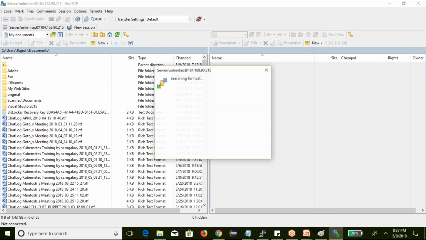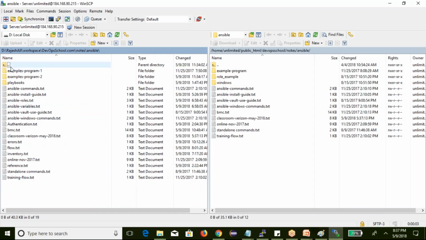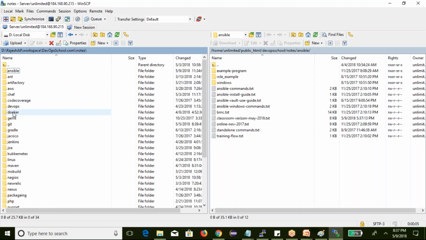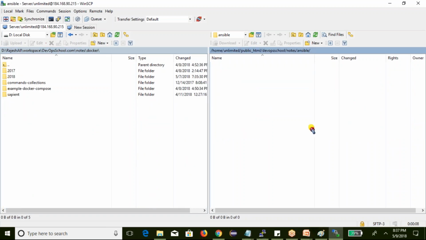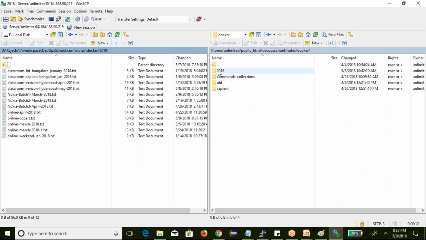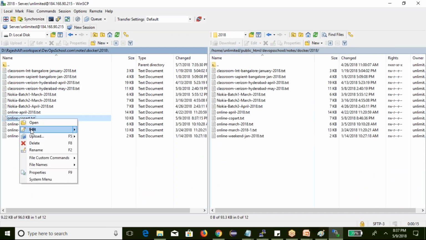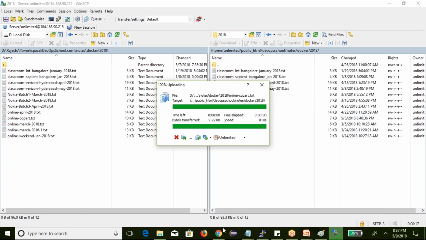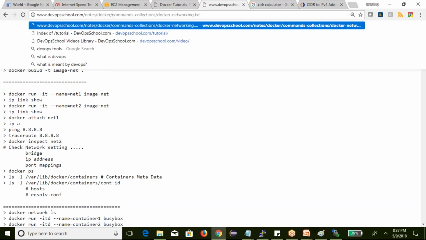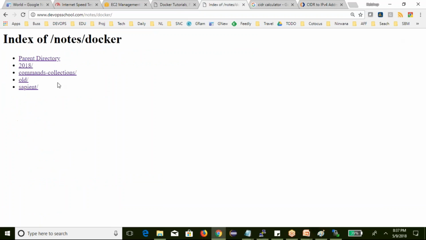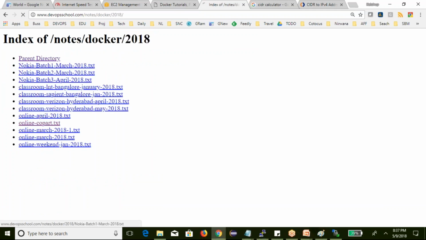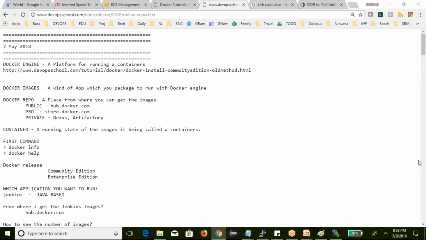So now I'm logging into that, and your nodes are now accessible and you can get started with the lab.